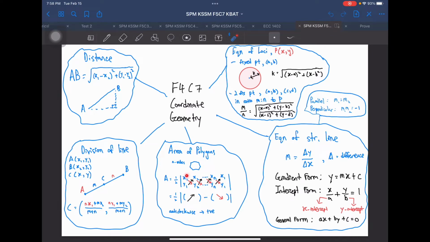So you list down the coordinates x1, x2, x3, x4 to xn, y1, y2, y3, y4 to yn, and then the last one continues with the initial term, which is x1 and y1. Then you calculate the sum of x1 times y2 plus x2 times y3, like this, and continue to xn times y1, and this is this whole term.